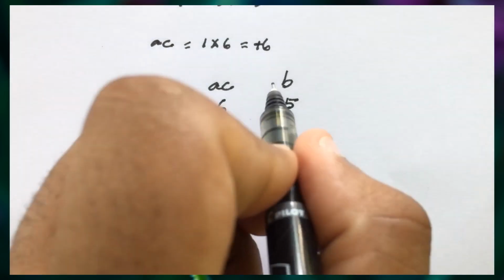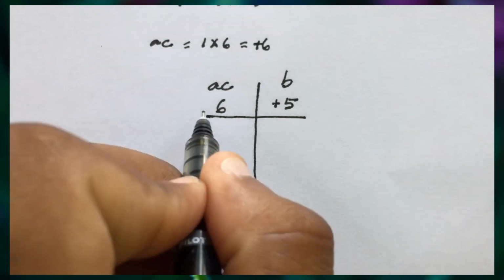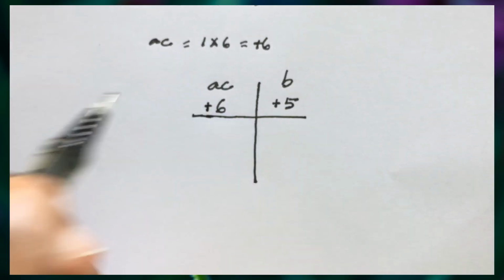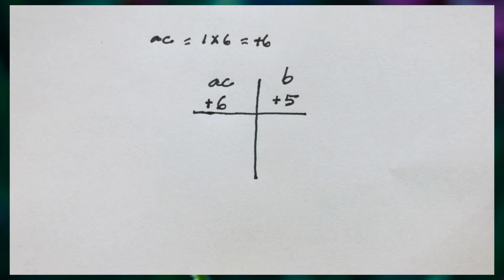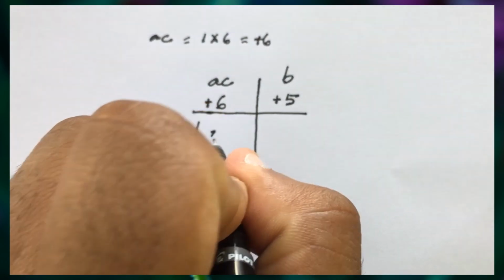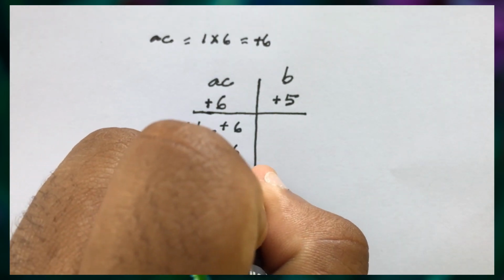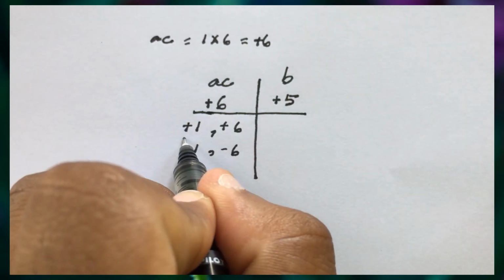And I'm going to be drawing my table now. Great. So I need all the factors of a positive 6 that will add up to 5. So I'm going to have 1 and 6, positive both of them. 1 and 6, negative both of them.